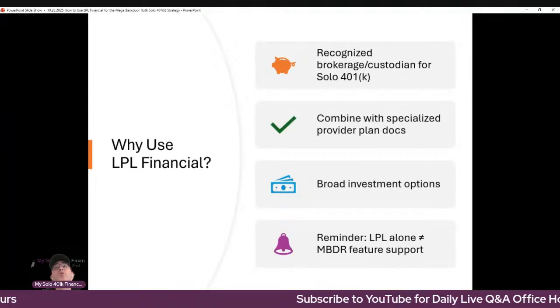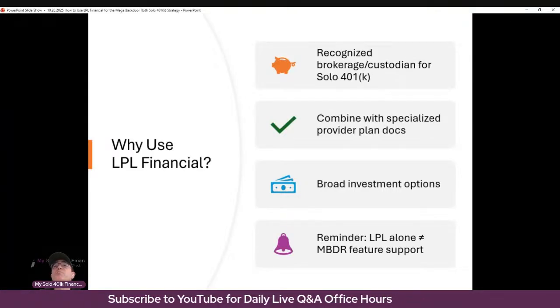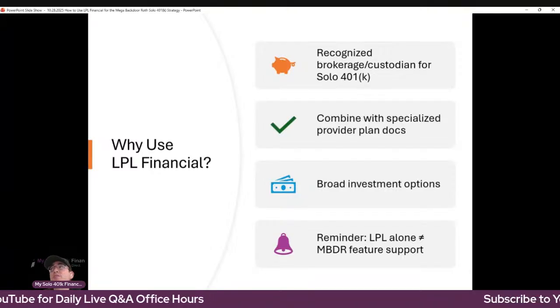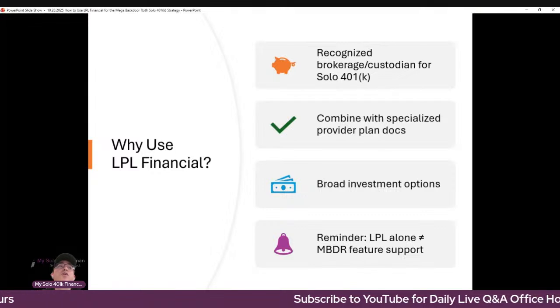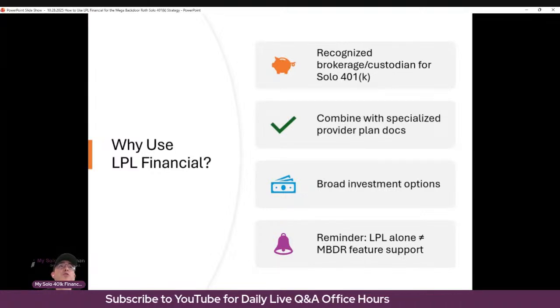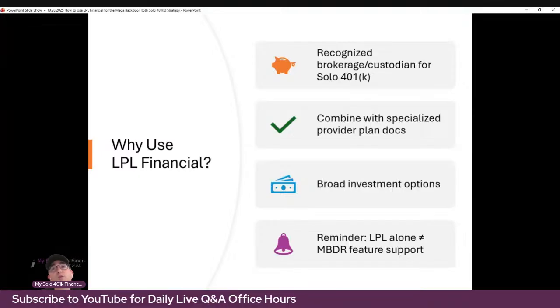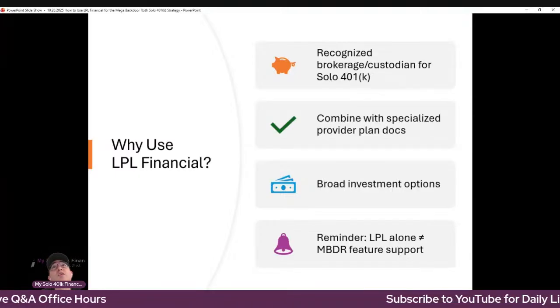So for example, the IRS expectation is that a separate EIN number is obtained for the Solo 401k. This is different and distinct from the EIN number that you might have for your self-employed business, right? You might have an EIN number for your self-employed business, for example, to pay contractors. Well, the IRS expectation is that a separate EIN is obtained for the 401k.